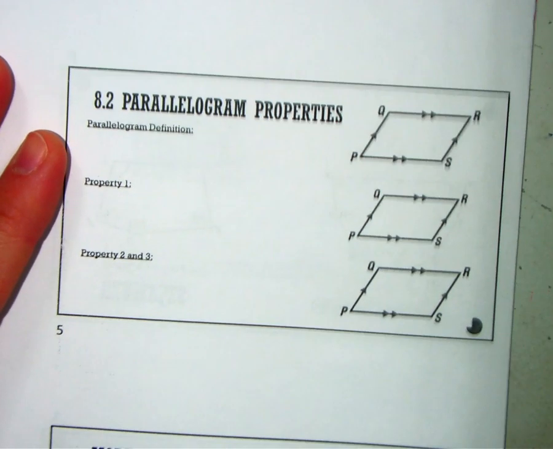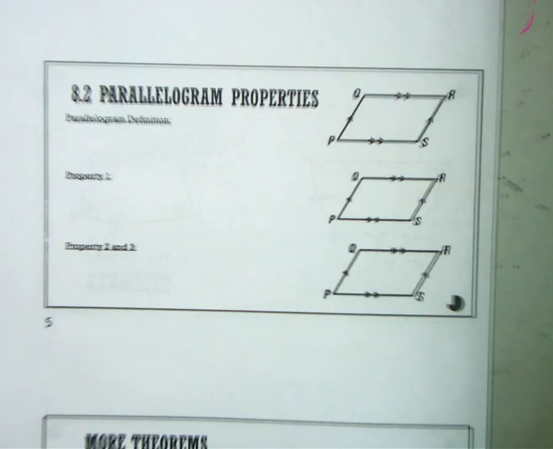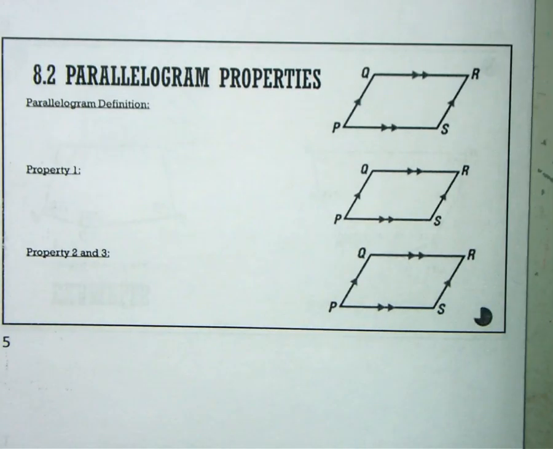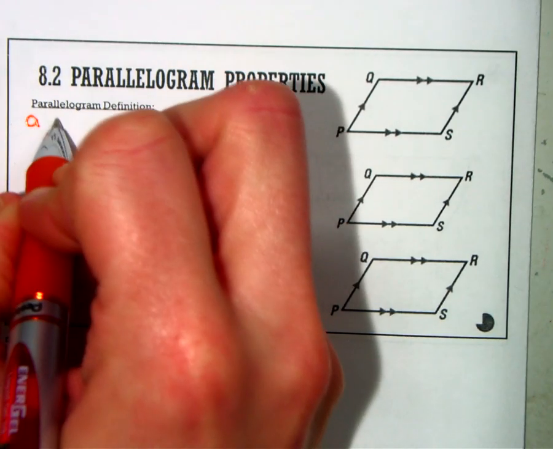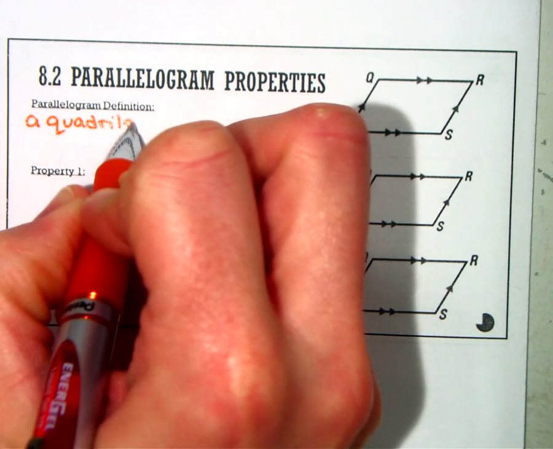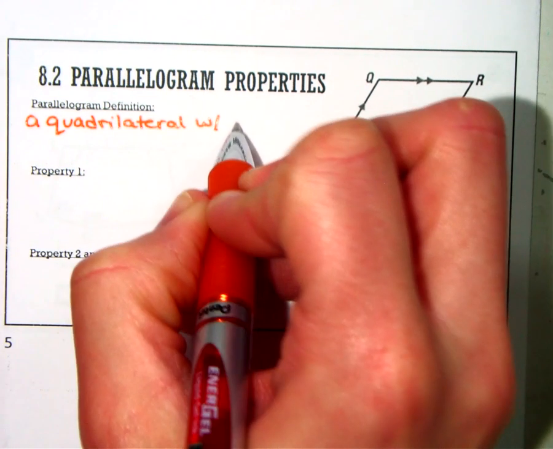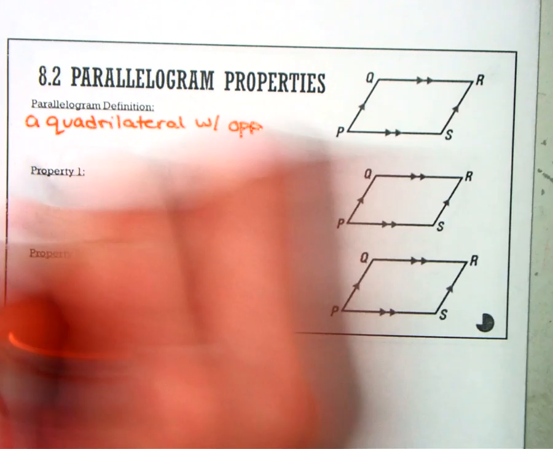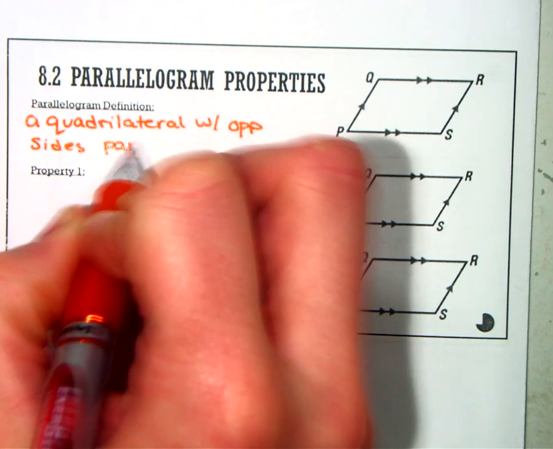So by definition, what is a parallelogram? Okay, I'm going to zoom in here so you can see it. By definition, a parallelogram is a quadrilateral with opposite sides parallel.